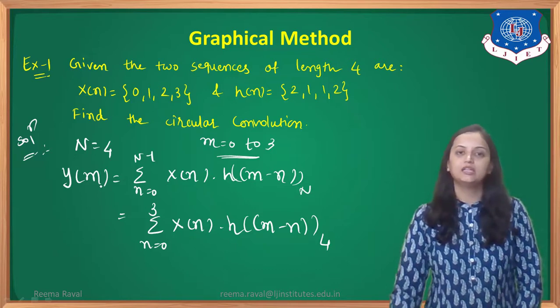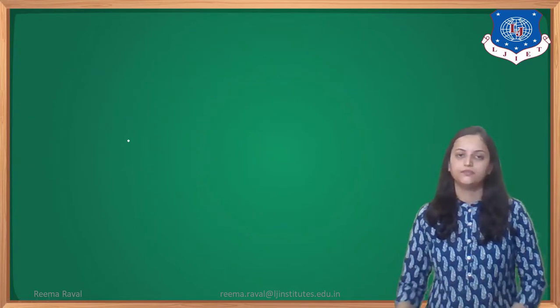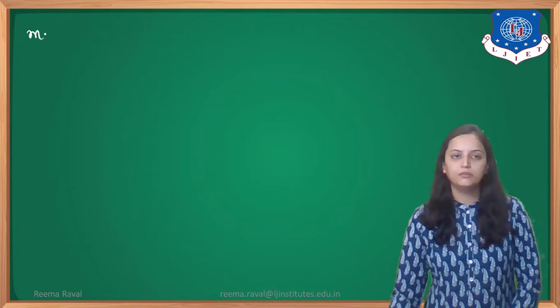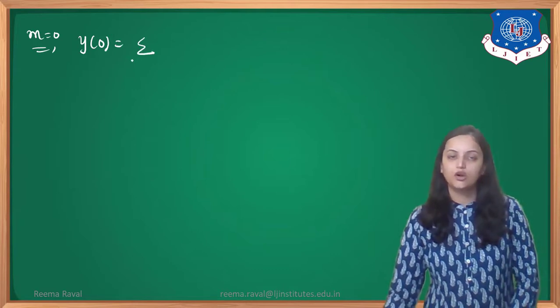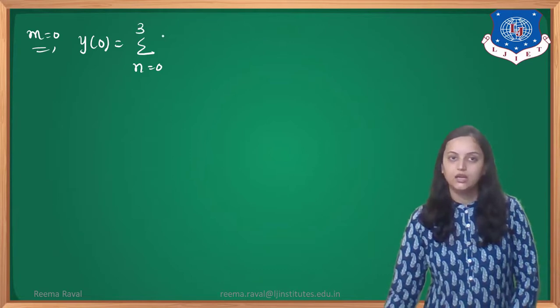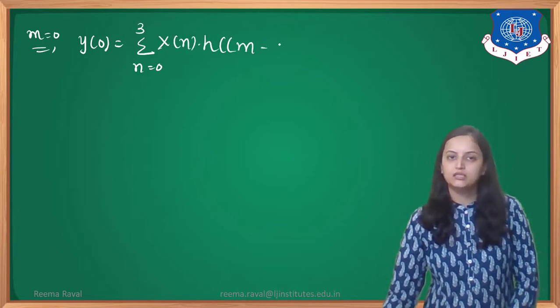So let's start by taking the first one, m equals 0. If we take m equals 0, we will get y of 0 equals summation of n equals 0 to 3 x of n into h of m minus n for 4-point.